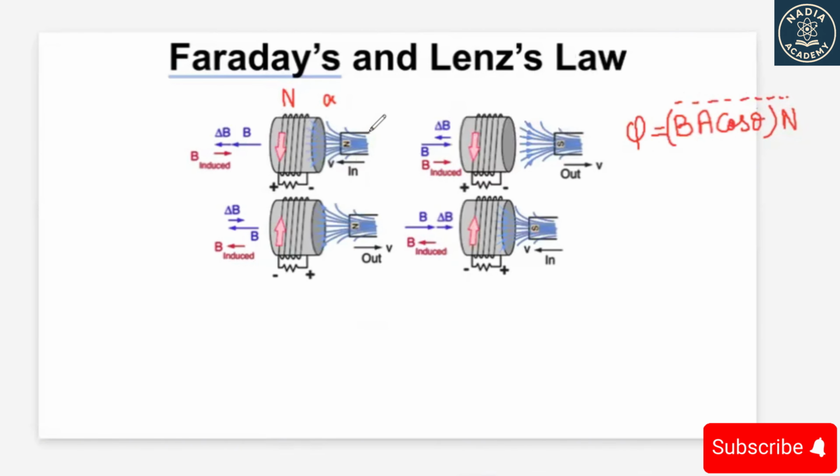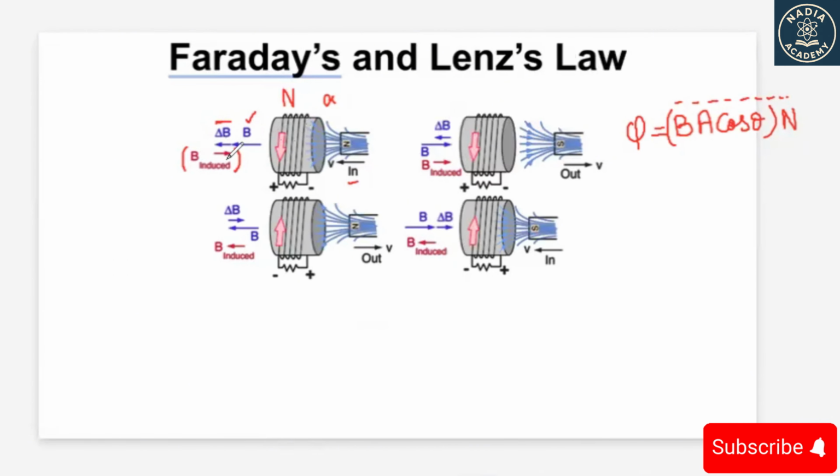Now, the magnet is moving towards this coil, meaning that it is moving in. In this case, you can see that the magnetic field direction is here. Then the magnetic field which is linked to this coil, or in other words the magnetic flux linkage, is changing. And this change is like this, meaning that it is increasing. The induced magnetic field in this coil is the other way around.